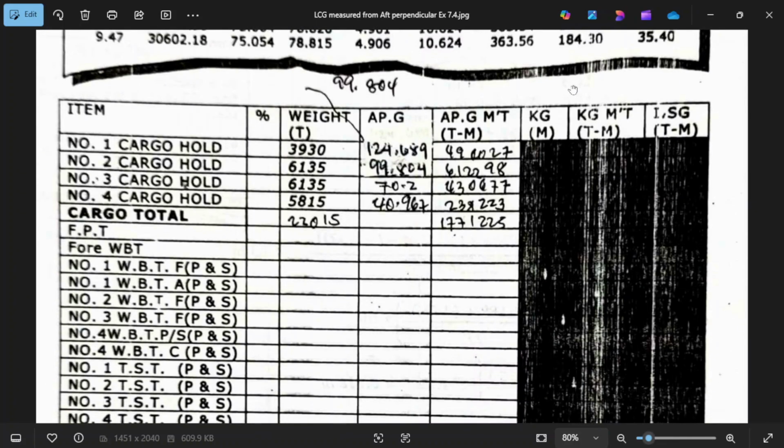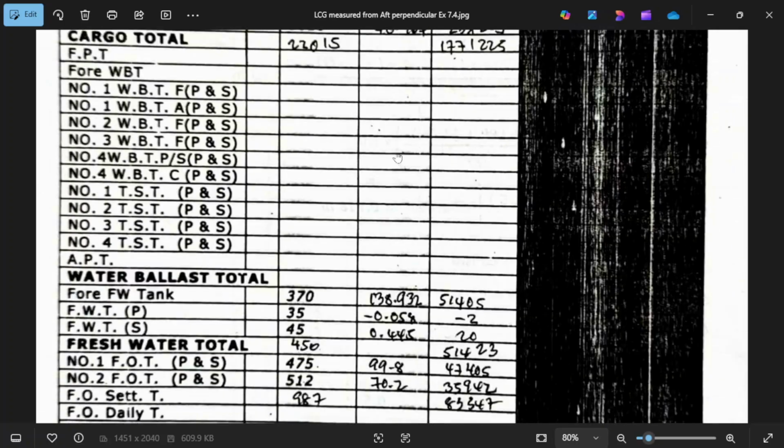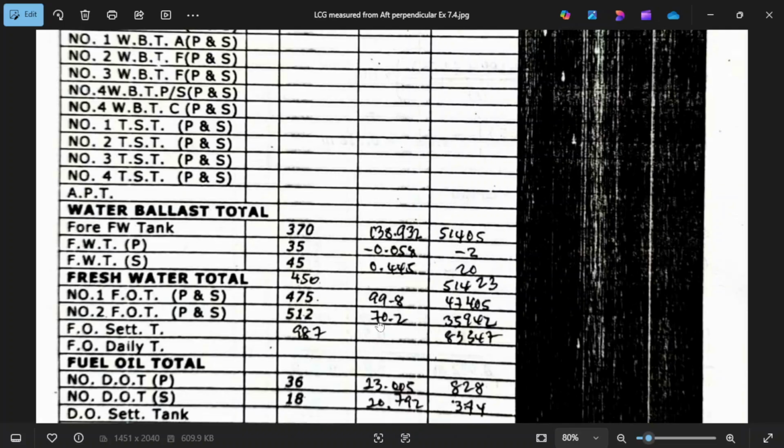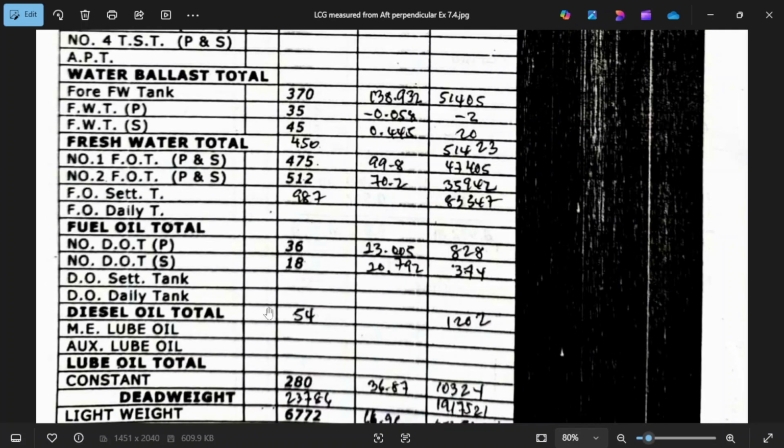first, we make a trim and stability sheet. We have the cargoes loaded in each of the 4 holds. Then you have this fresh water, you have this fuel oil, and you have the diesel oil.